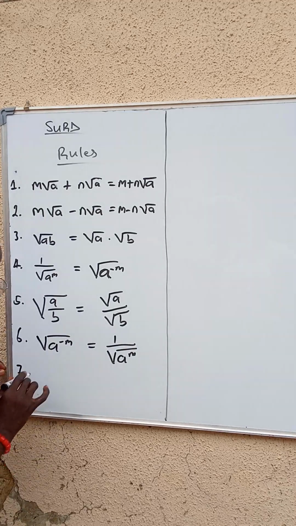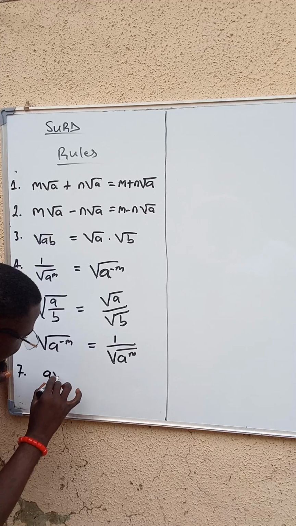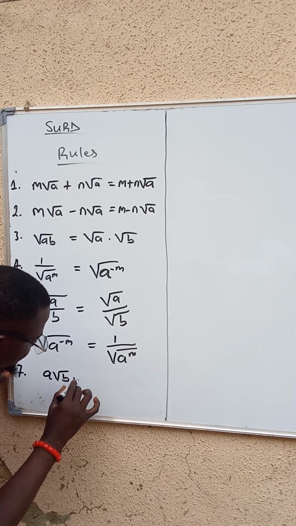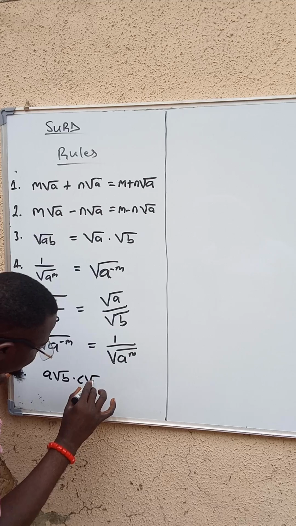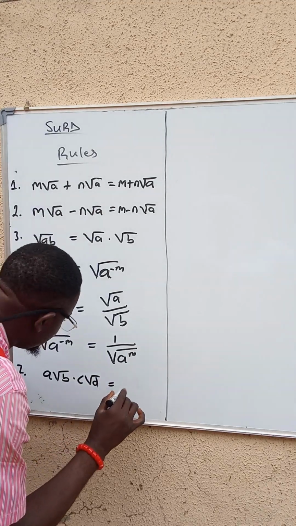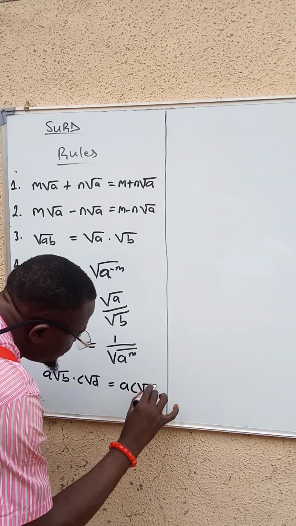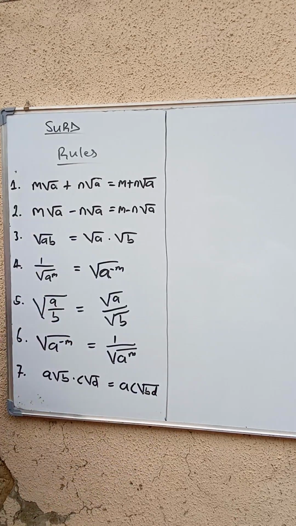They are very simple. If I have A root B dot C root D, as the case may be, this is the same thing as AC root BD.